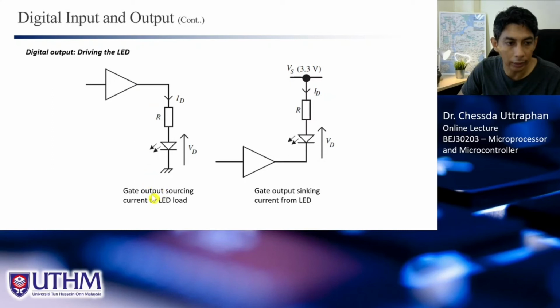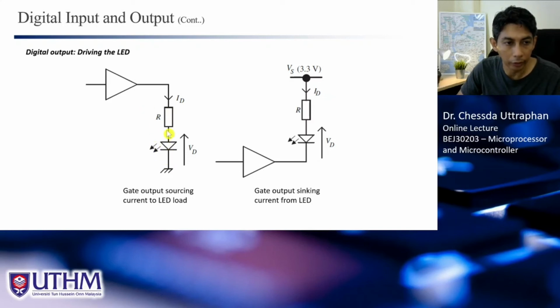First is called gate output sourcing, where we connect the LED. This is from the microcontroller pin, and of course you need to have sometimes the resistor to limit the current to the LED, because sometimes the current is quite high, so it will damage your LED. So it is better to have the resistor to limit the current that flows through the LED.